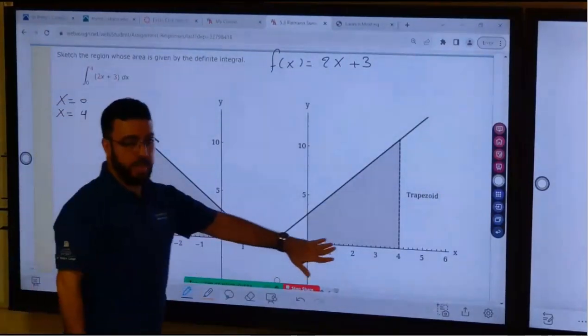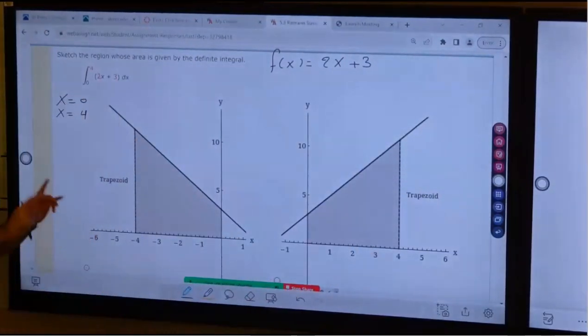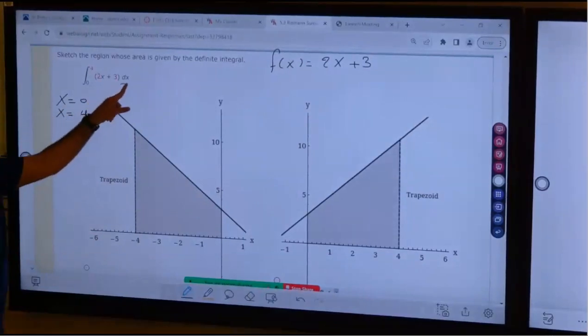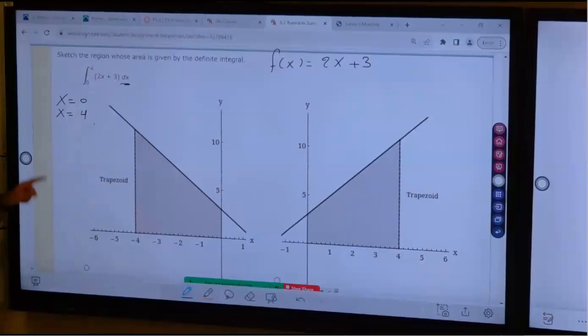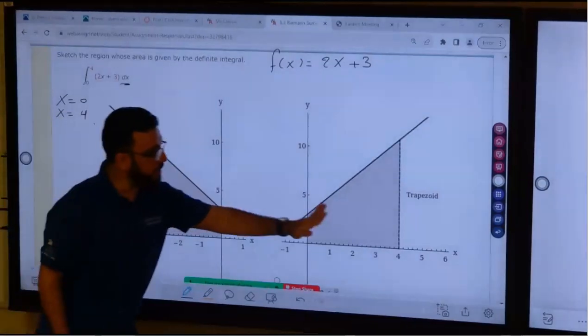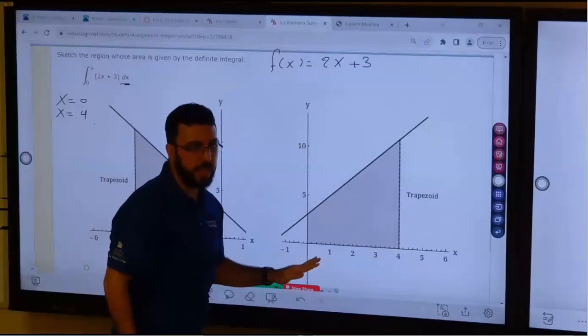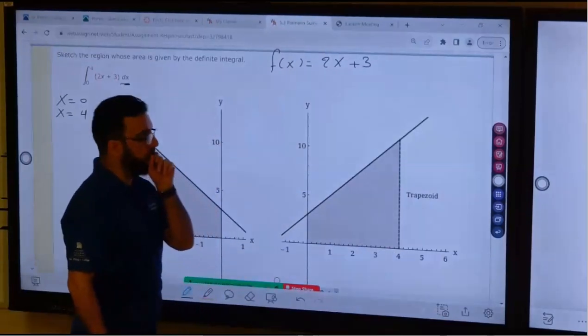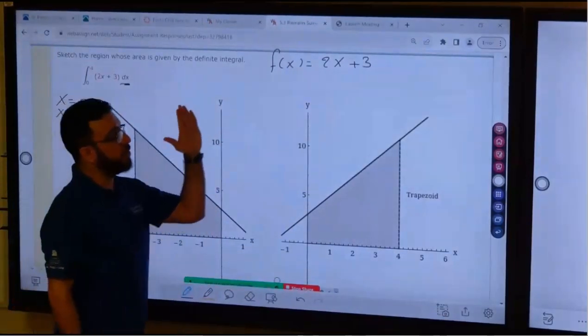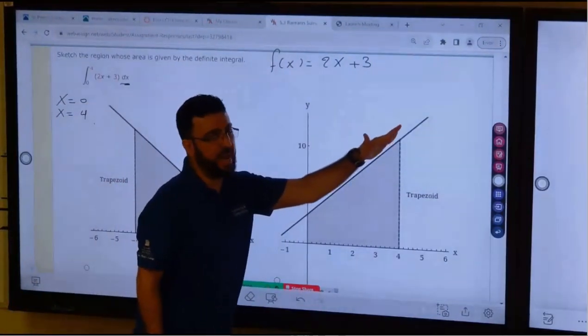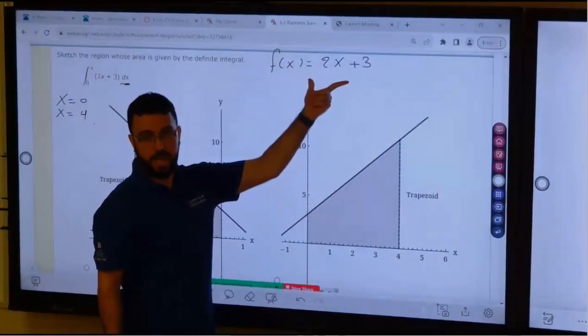Now, let's look at this graph. I'm not sure this is the right one or not. But if I look at x from 0 to 4, and my integral with respect to x, so from 0 to 4, if I look at this graph, it's from 0 to 4. So the x is right. I need to check the y. If I need to check the y, which is this line, I have to graph the line.